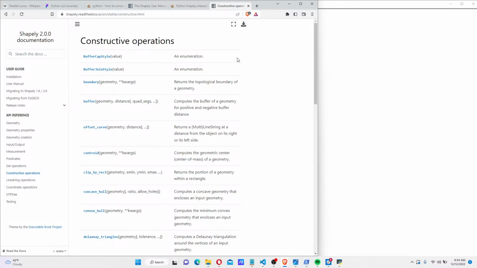Oh, great. Computes the buffer of a geometry is what that does.